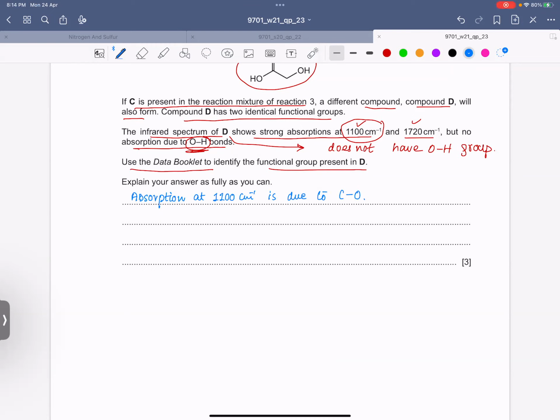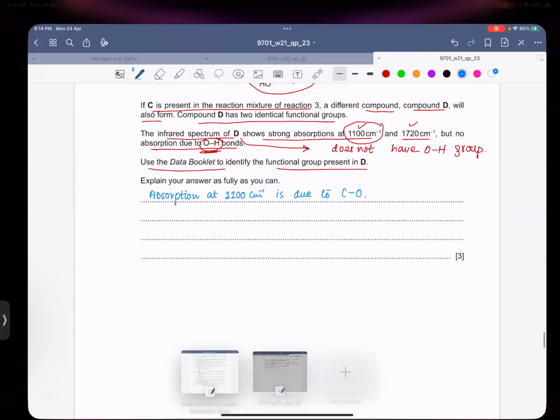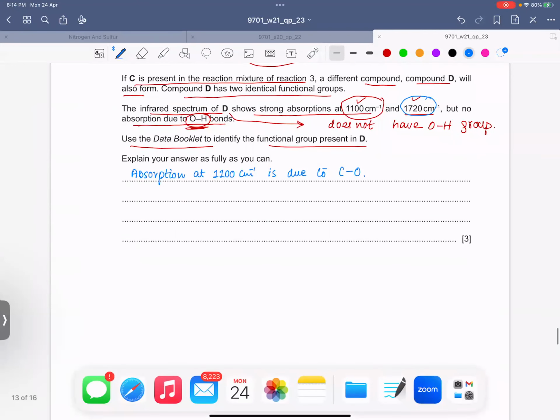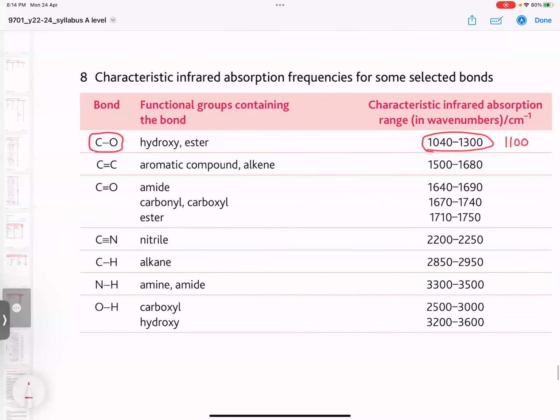Then the next absorption is at 1720 cm⁻¹. If you look at 1720, it falls in this range and it is due to C double bond O, right?